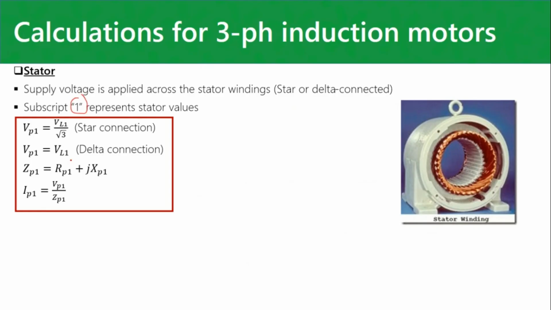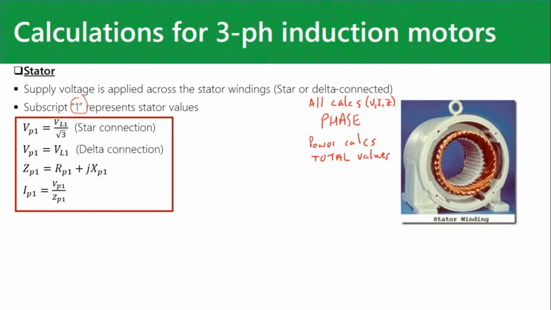Everything that we do here, all calcs for the voltage, current and impedance, are phase values. When we do the power calculations, they are total values. We'll see how that works now.